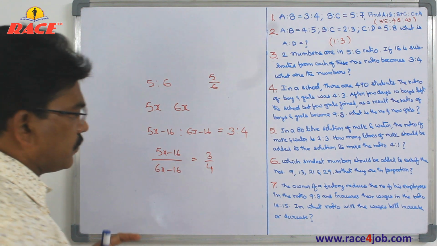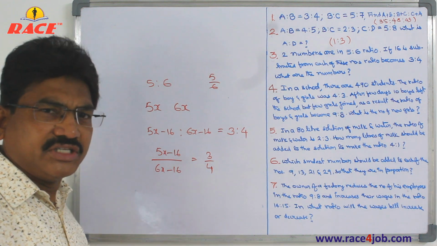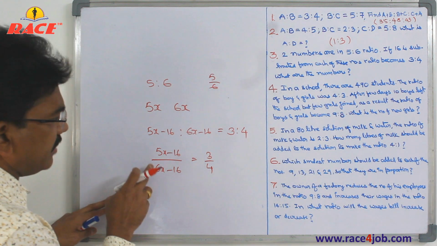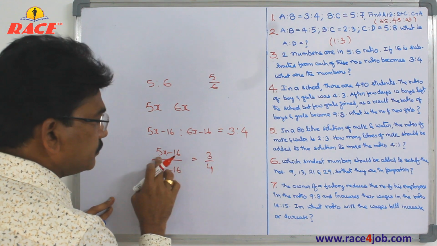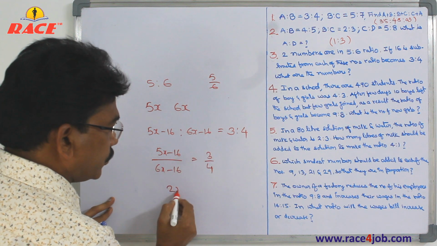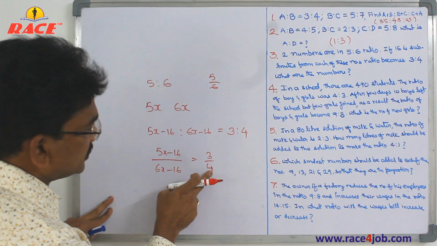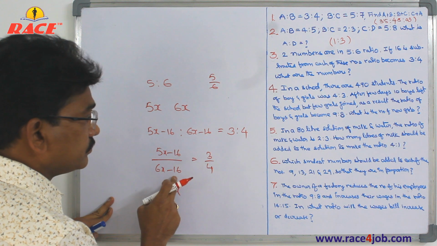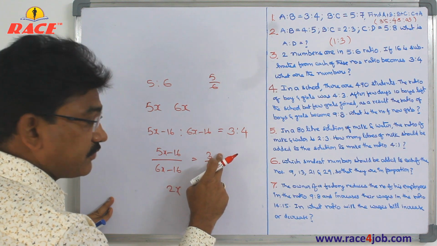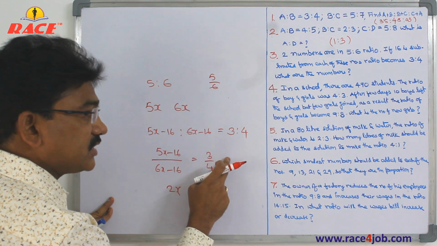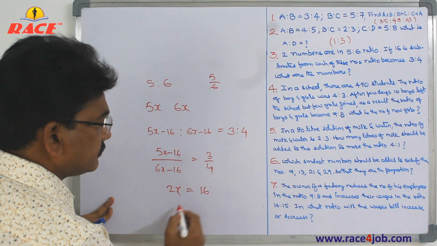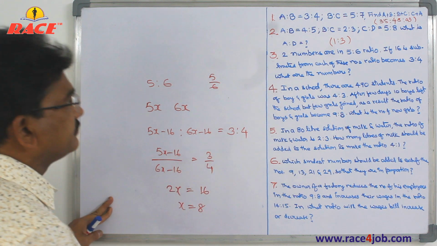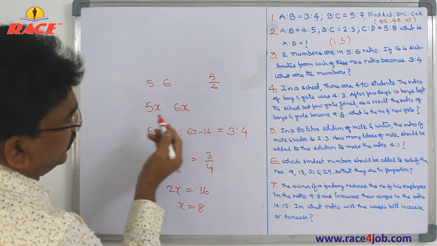Cross multiplying, this is 20x, this is 18x; 20x minus 18x is 2x. Minus 64 goes to that side, plus 64, and 64 minus 48 is 16. So x is 8.